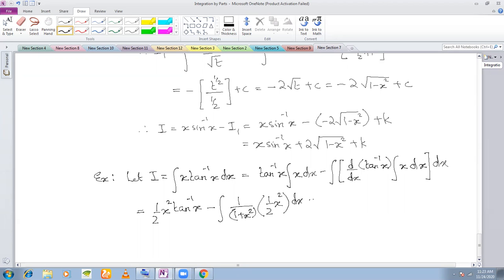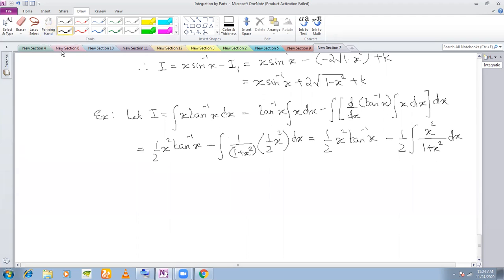dx. So you can rewrite this as half of x square tan inverse x minus, you can take this half out and write this as integral x square by 1 plus x square dx. Now the question is how to evaluate x square by 1 plus x square.